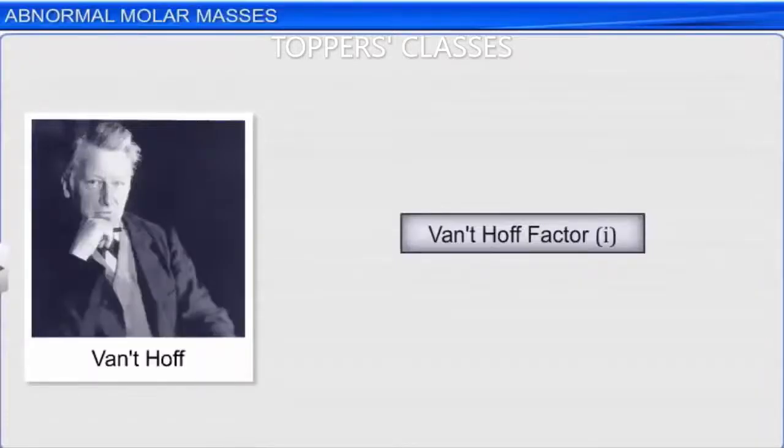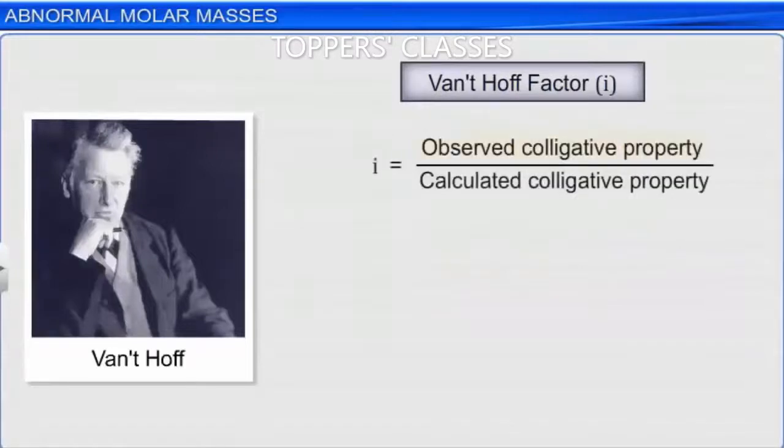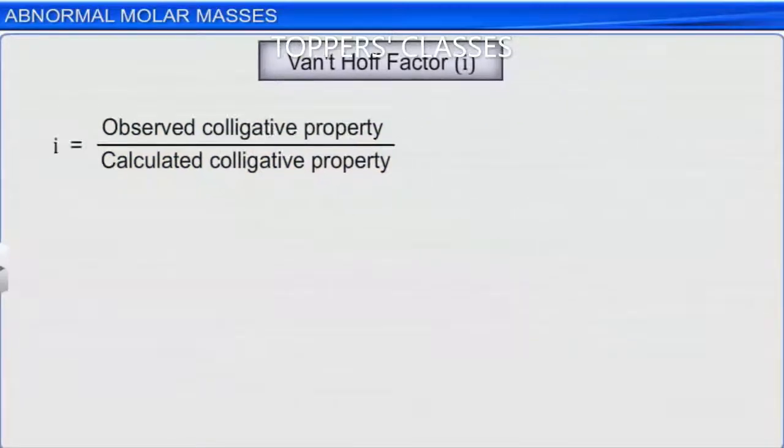Quantitatively, van 't Hoff's factor i is defined as the ratio of the observed colligative property to the calculated colligative property. Thus, the expression for i can be written as i equal to the observed colligative property divided by the calculated colligative property.